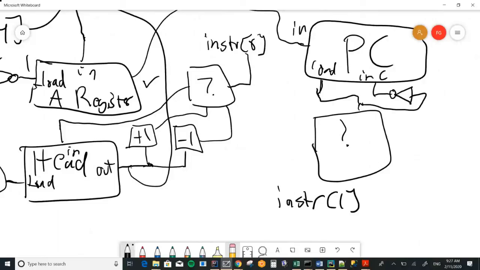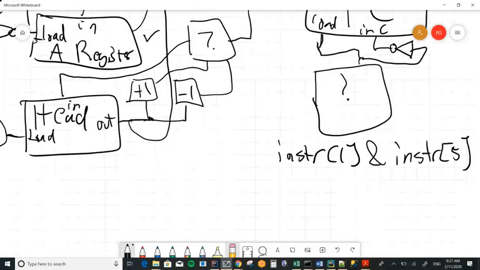To avoid an address register problem, what other instruction bit plays a role? Bit 5, we know we've got to AND this with instruction 5, right? And then what we have to do is examine the condition, right? So let's look at that.